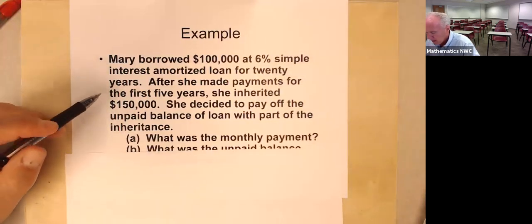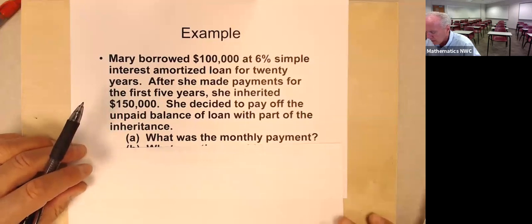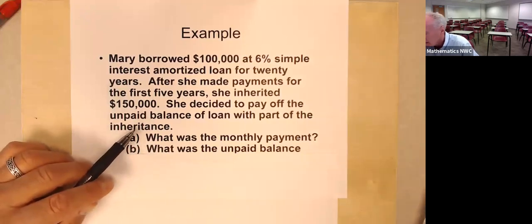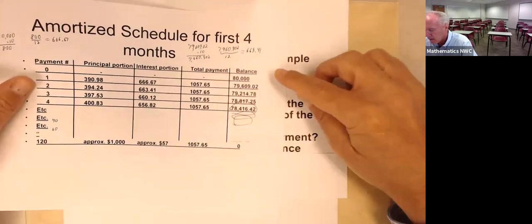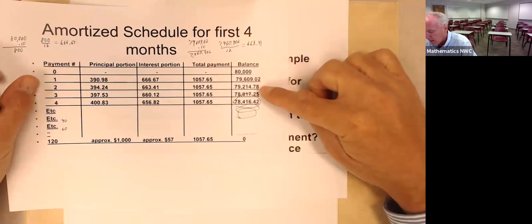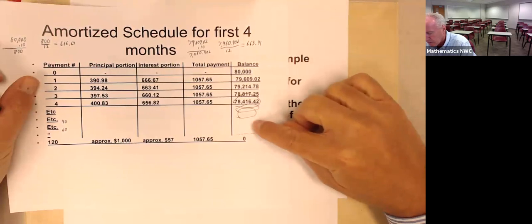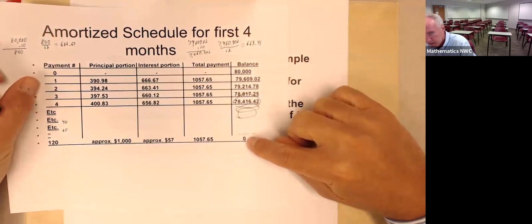Okay? So what I'm going to do here is I'm going to first find my monthly payment. Then I'm going to find the unpaid balance. The unpaid balance are these numbers right here. After so many years, how much is still left to be paid off? That's the unpaid balance. When you get your house paid off, the unpaid balance is 0.